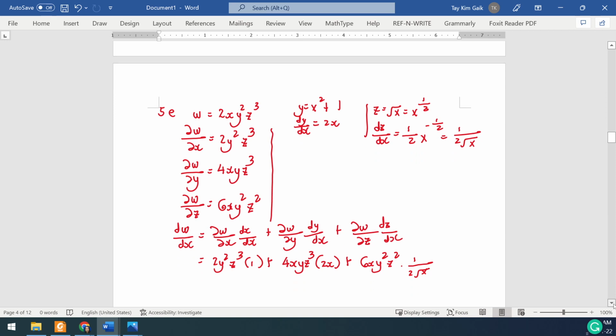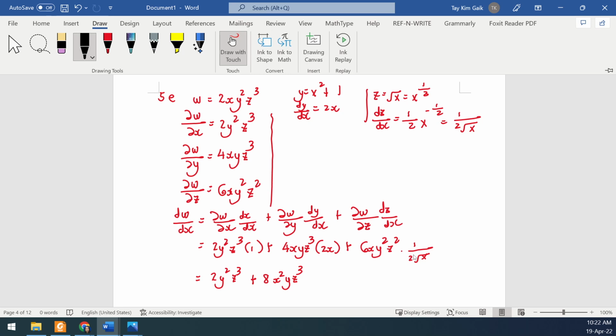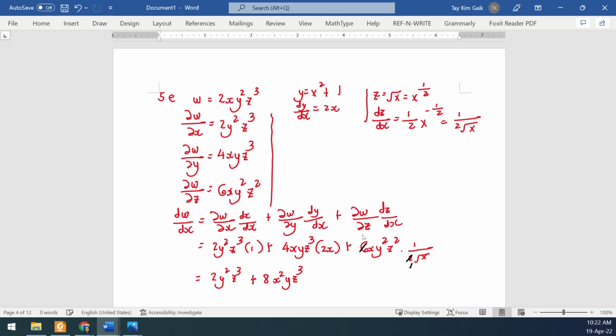Okay, you may simplify. First term, 2y squared z cubed. Second term, simplify it: 4 times 2, 8. I put variable x first, so x times x power 2, yz cubed. Third term, x and x here want to simplify. 2 and 6, so it's 3.